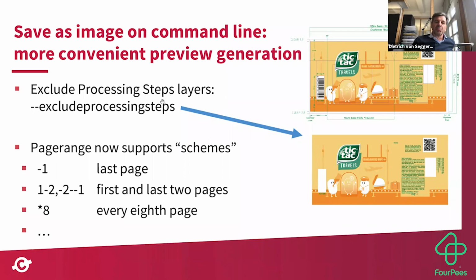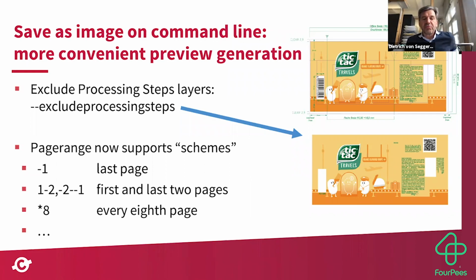So things you don't want, usually you don't want these things to show up on your preview. So there is a simple command line parameter that you can use from pdfToolbox 12.2 on. So this is new. It's just in the upcoming release. And that allows you during preview generation with a save as image command to exclude processing steps.